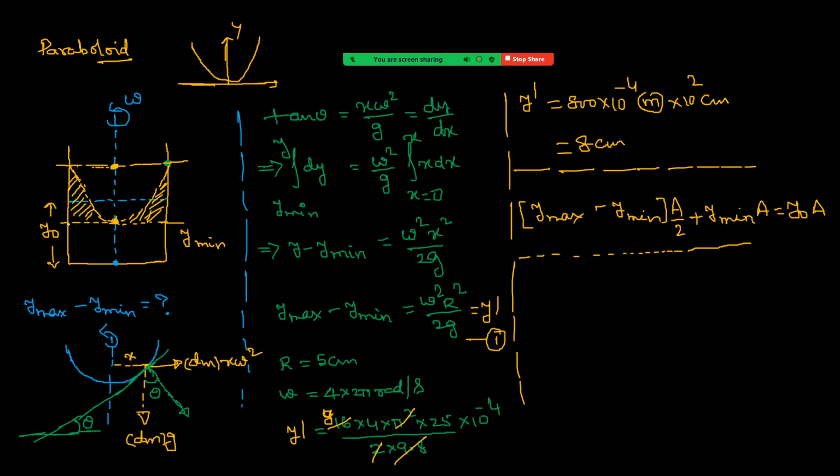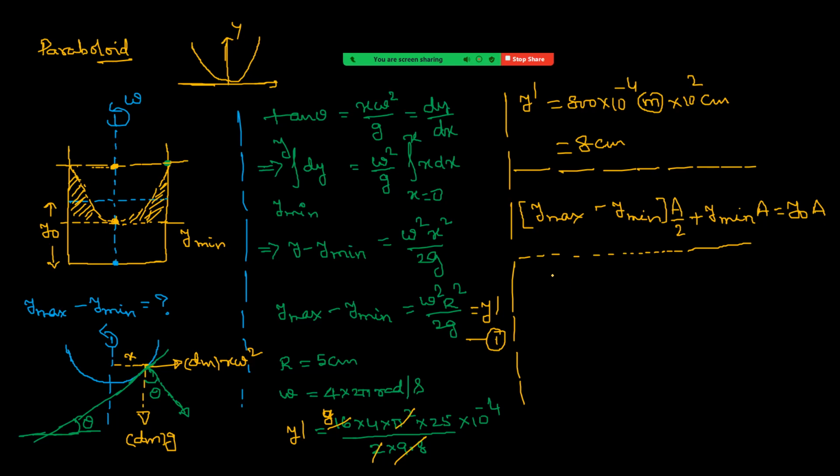Cross check once carefully. This part of the volume is equal to y maximum minus y minimum into A by 2. Okay, this volume. This remaining volume is equal to y minimum, that is the height, into area. That is equal to the initial volume. Initial volume how much? Y naught into A. Right? Now simplify this.